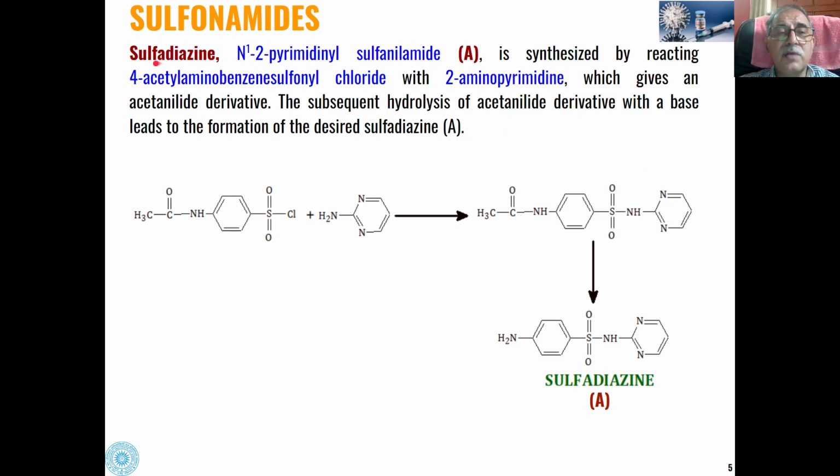Next is sulfadiazine. Sulfadiazine is this drug. This is basically a derivative of 4-amino sulfonamide.